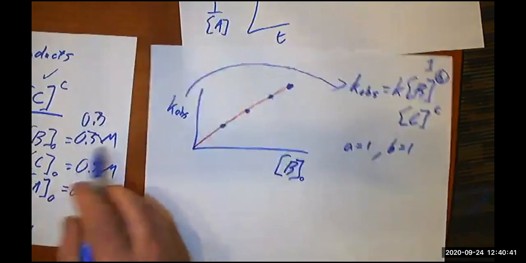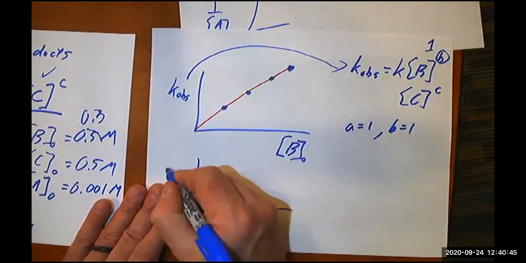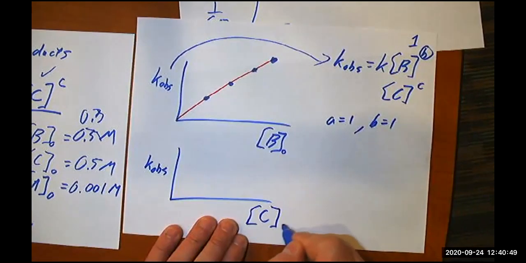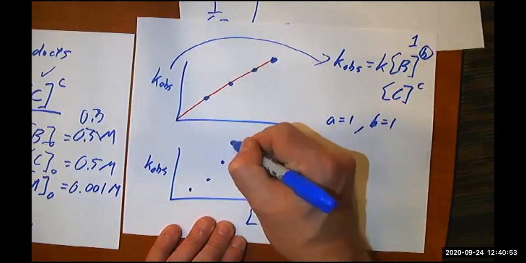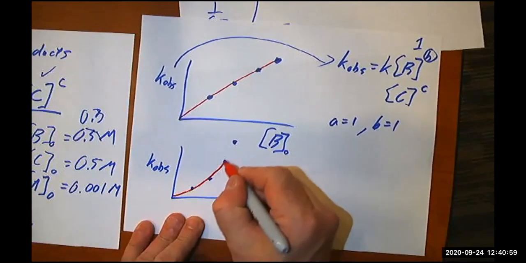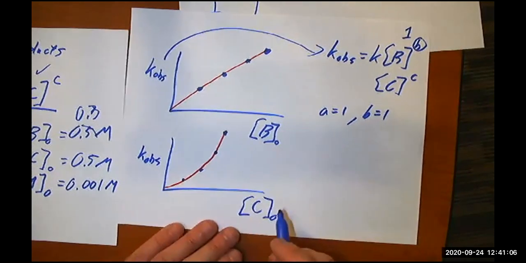Well, you can leave B constant and then change the values of C to do exactly the same thing. So you plot K observed versus concentration of C, and this time let's suppose that we get something that looks like this. That's clearly not linear in this case. And let's suppose that this, in this case, is quadratic.